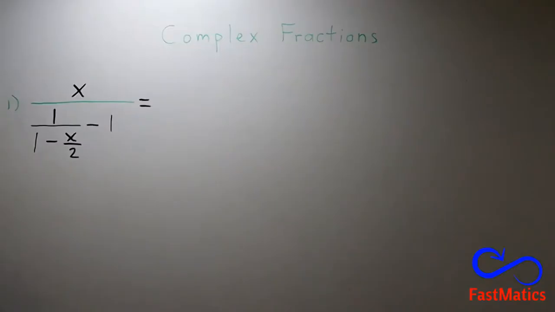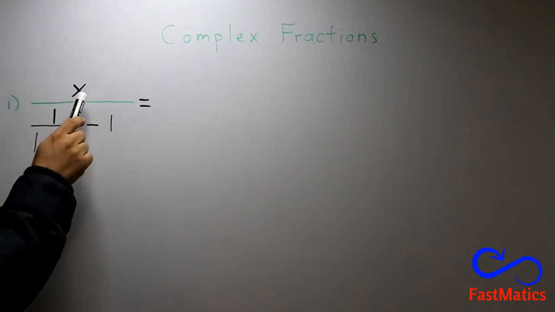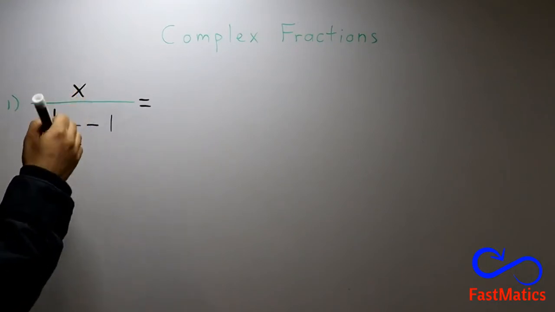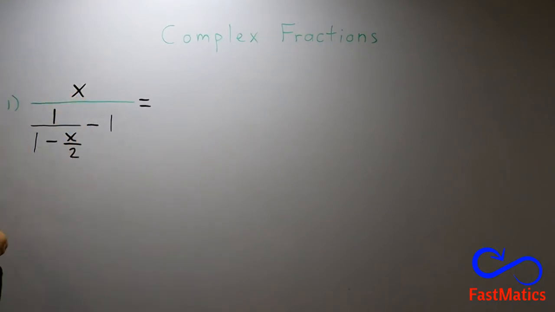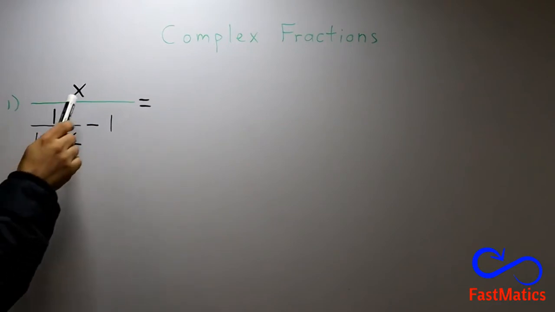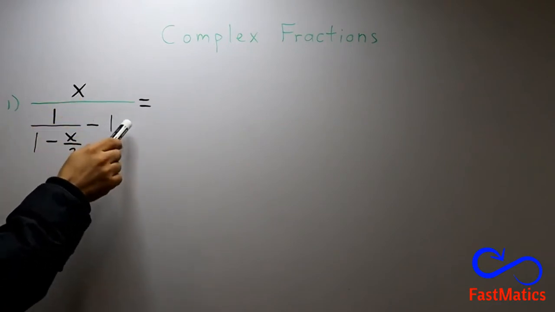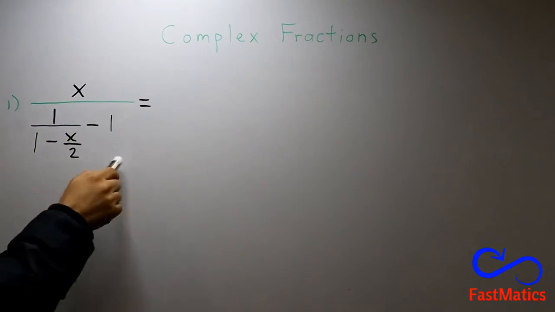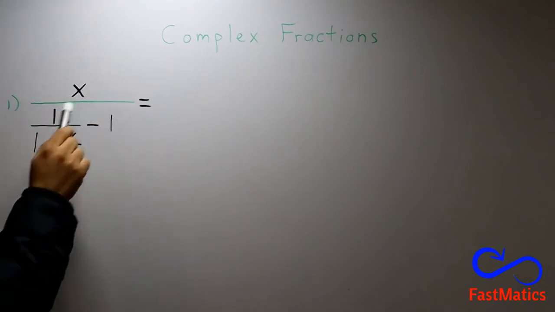Follow me please. First of all, we have to identify where we have a numerator and where we have a denominator. Here, for instance, I have something upside and something downside. So here I have a numerator and a very complicated denominator with a line.